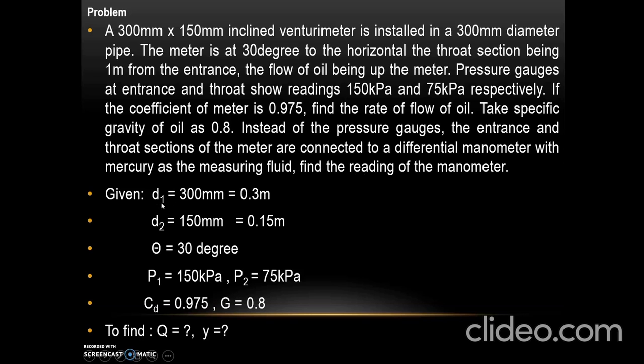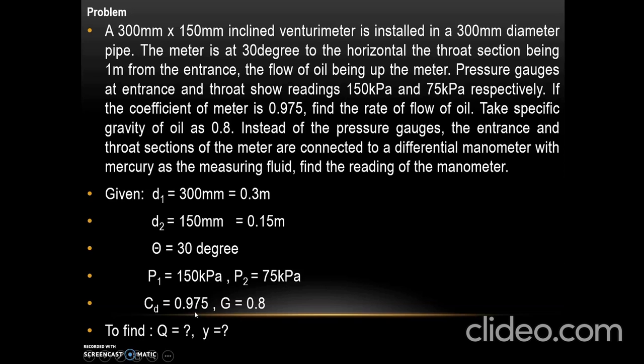We will write the given data as D1 equal to 300 mm, which is equal to 0.3 meter. D2 equal to 150 mm, which is equal to 0.15 meter. Theta equal to 30 degree. P1 is 150 kPa and P2 is 75 kPa.